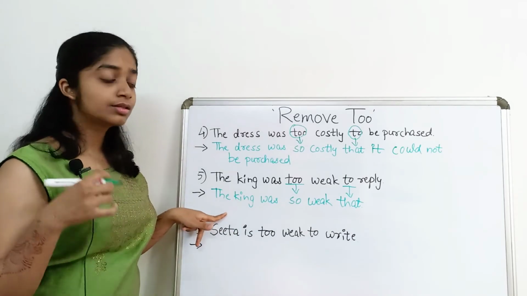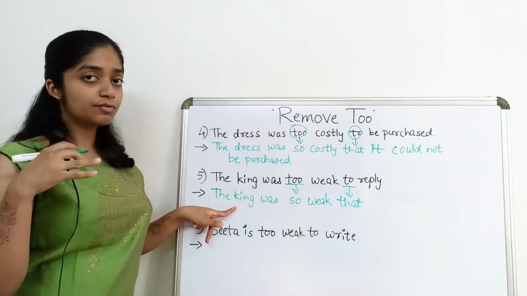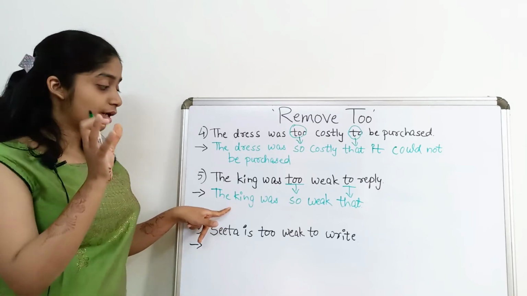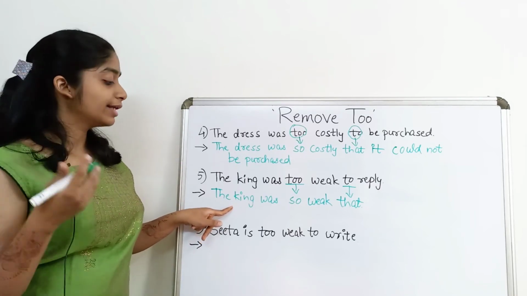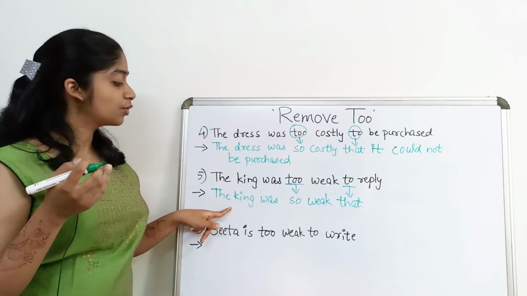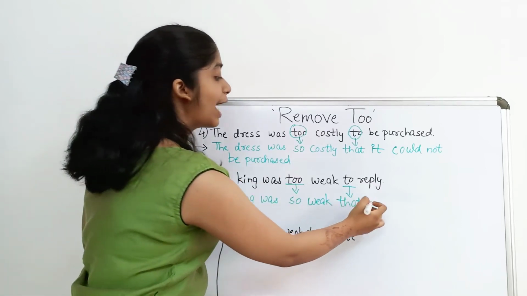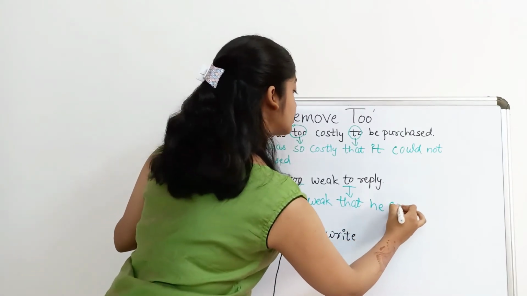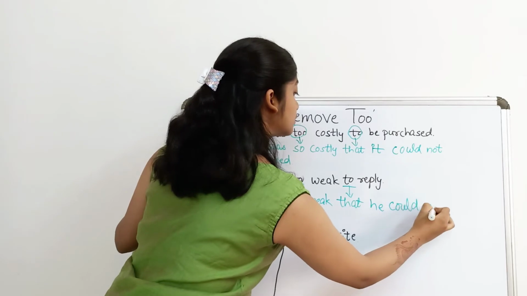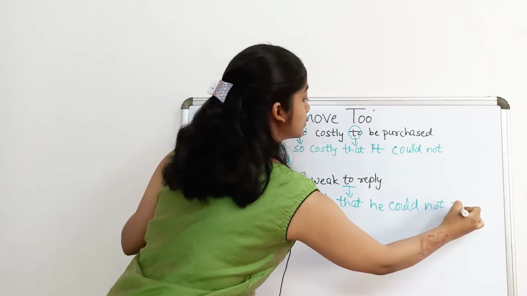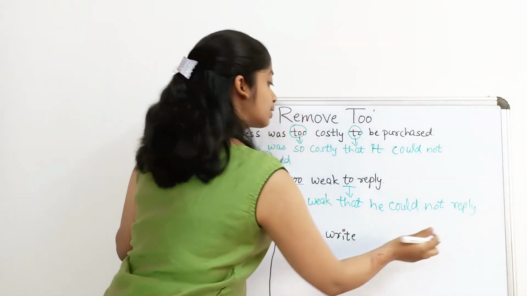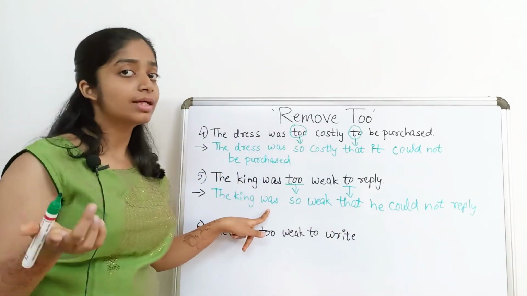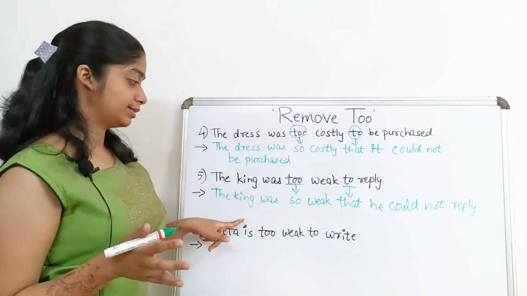Here the king is not a physical object, not a material thing. It is a designation of a person, and the person is male. Therefore, we will write, the king was so weak that he could not reply. Why did we write "could not"? Because the sentence is in the past tense and not in the present tense.